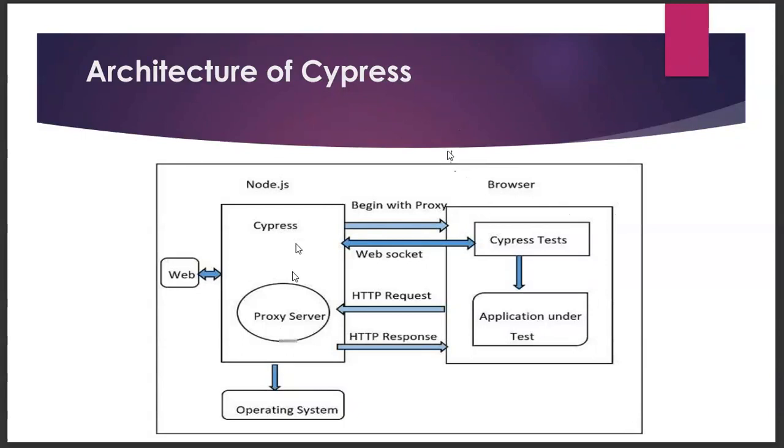Cypress is sitting on the browser itself. In the background of Cypress, there exists a Node.js server. The Node.js server and Cypress interact constantly, adjusting and executing actions in support of each other.